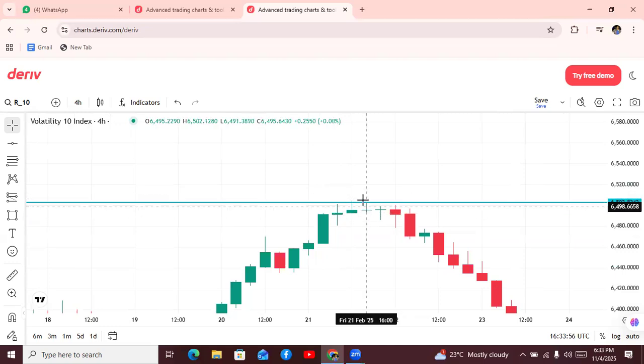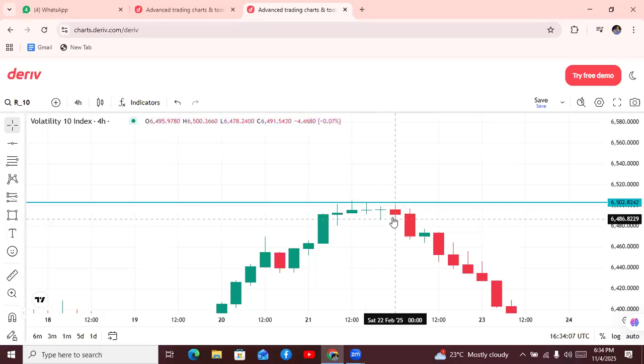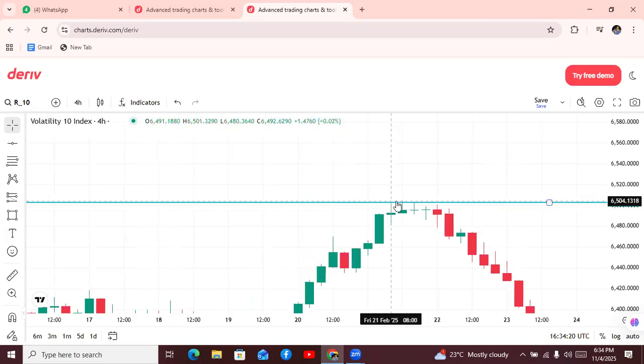We have another doji, and a dragonfly doji, which is not even supposed to be there. And you can say a hammer, which is also not supposed to be there.